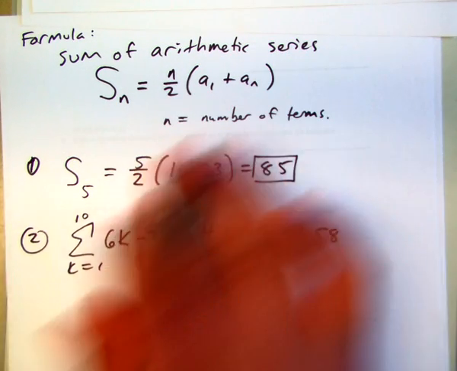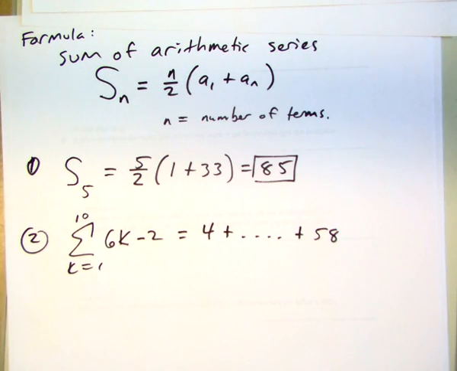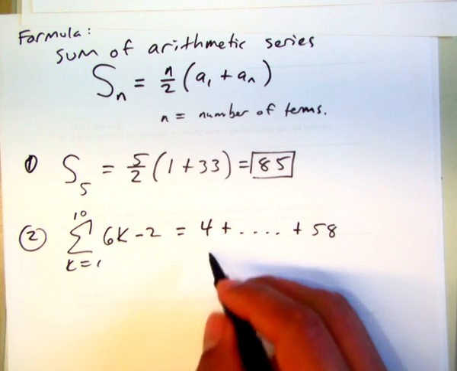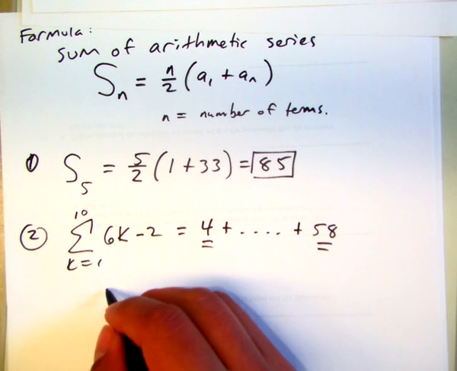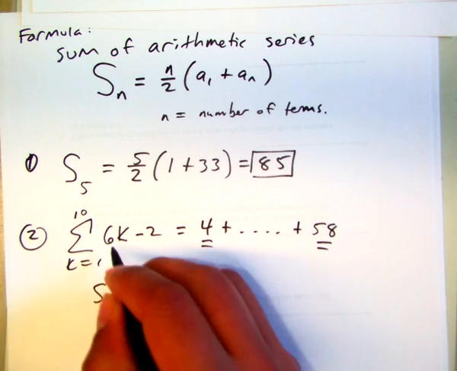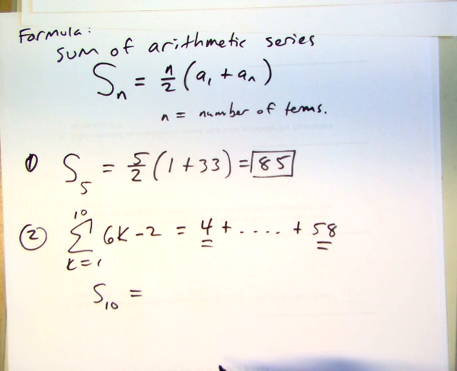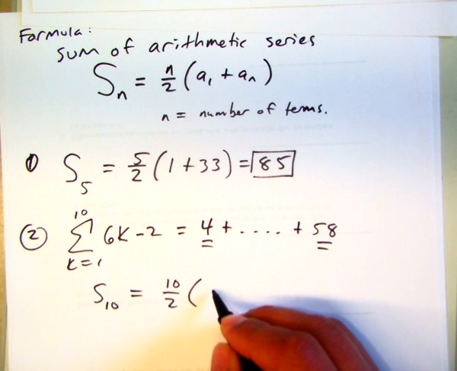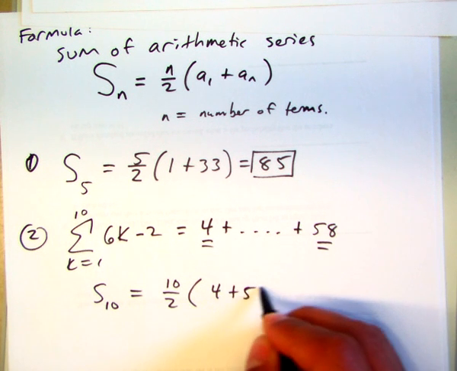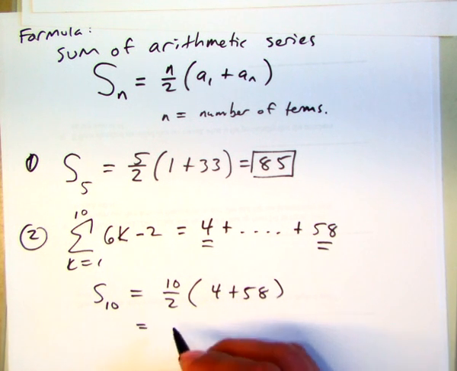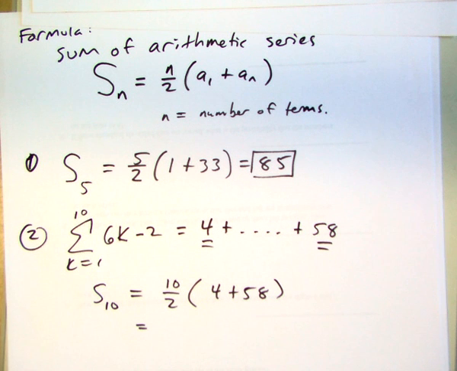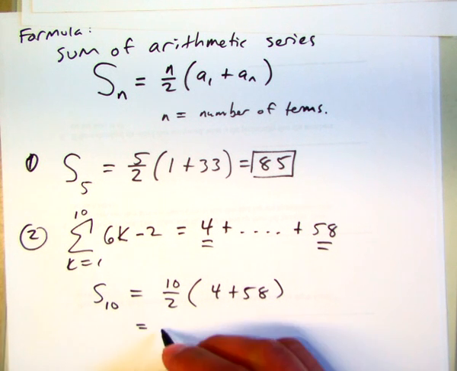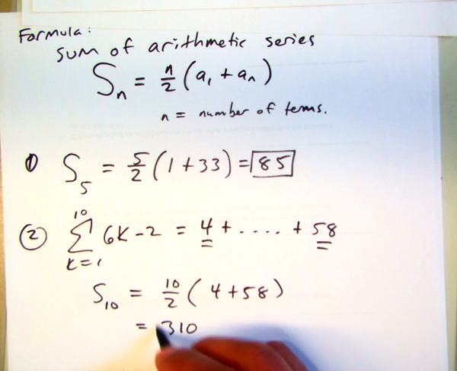So now if I'm actually adding those up, all we need is the first and last term, and we're done. So the sum of the first 10 terms for this series will be n over 2, so 10 divided by 2, times first term plus last term, which is 5 times 4 plus 58, which is 5 times 62. We get 310.